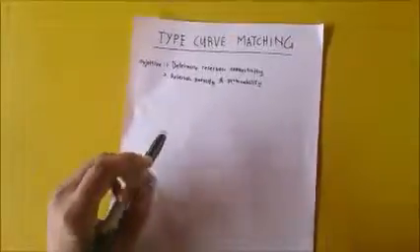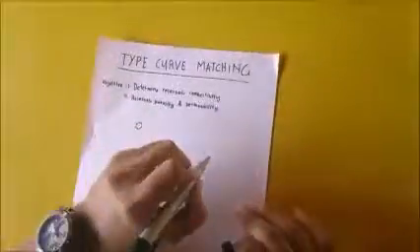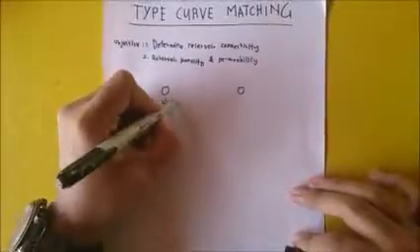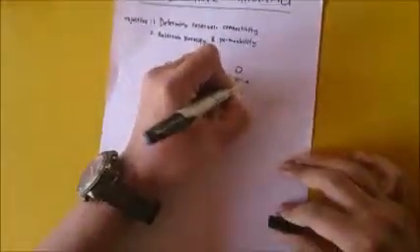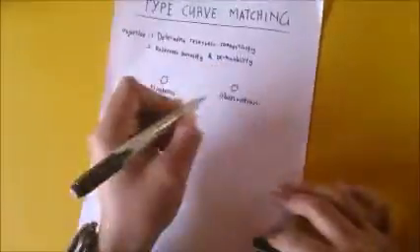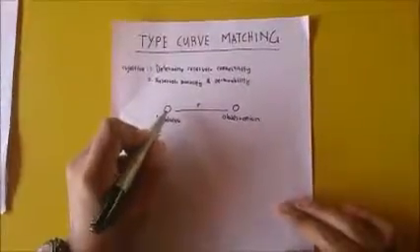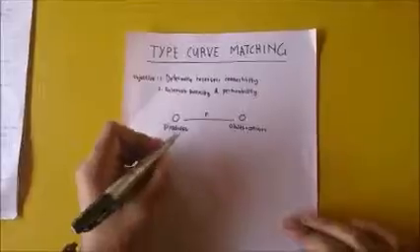Now, let's say we got two wells. The distance between these two wells is R. The effect of the producing well at this observation well is given by a line source solution.